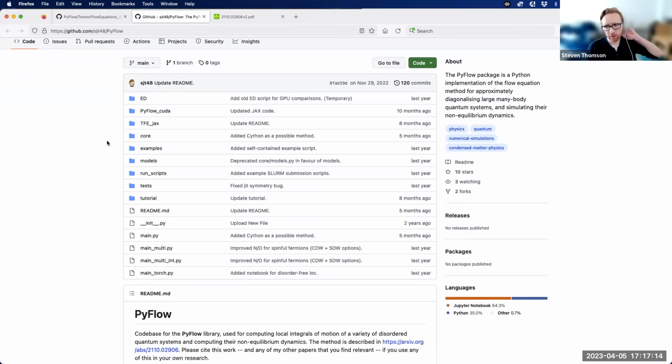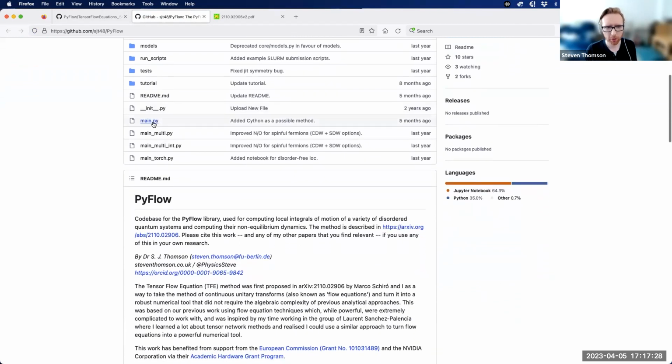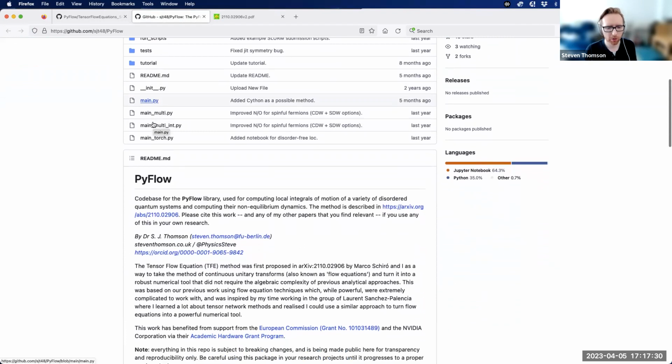Yeah, so PyFlow itself is a bit more sophisticated, it can do some more things than that could. PyFlow is, I will admit, not very user friendly right now. The main thing you probably want to use is main.py.